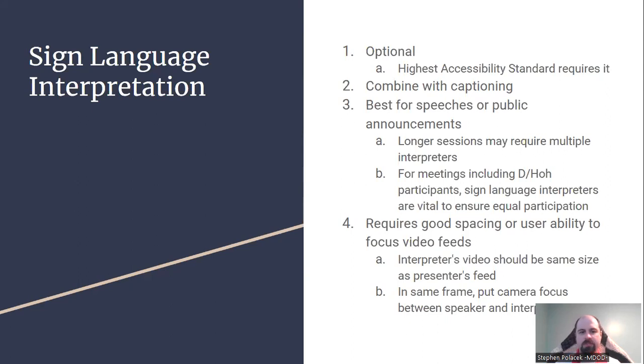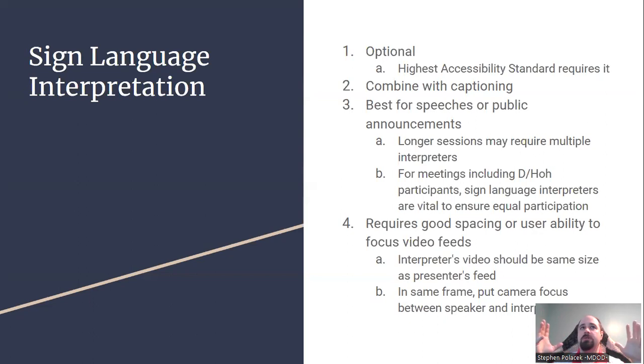One thing to keep in mind with sign language interpretation is it does require good spacing or the user ability to focus video feeds. So what I mean by that is if it's a webinar like this and we had an ASL interpreter, I need to make sure that their video feed is either the same size as mine or that it's the dominant one.